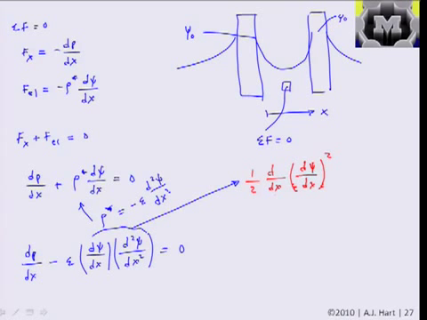So if we took the first derivative of the first derivative squared, we would get 2 times the first derivative times the second derivative, and that's why we have the 1/2 out here. So these are equivalent.